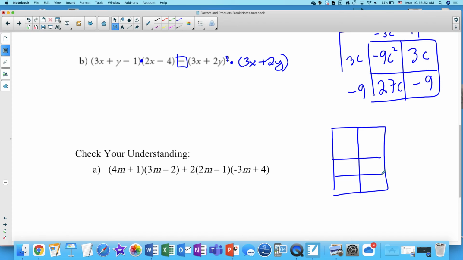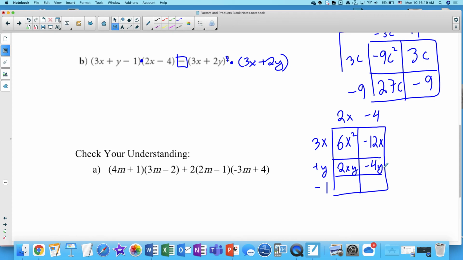So we're going to have 3x times 2x, 6x squared. 3x times negative 4 is minus 12x. 2x times y is just 2xy. Y times negative 4 is minus 4y. And then negative 1 times 2x is negative 2x. Negative 1 times negative 4 is 4.